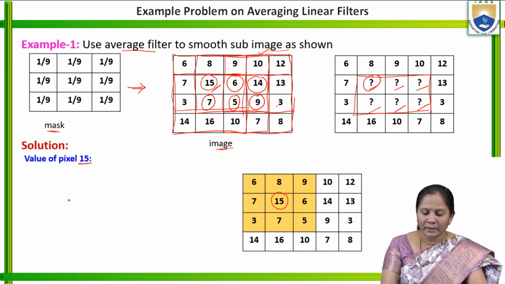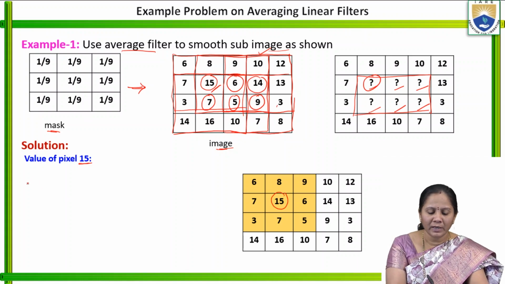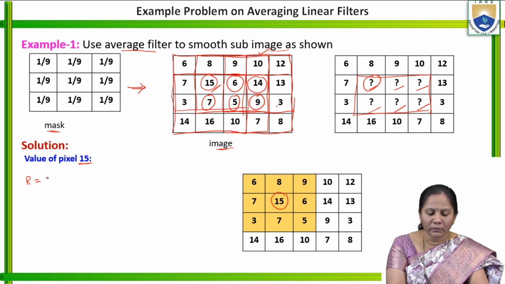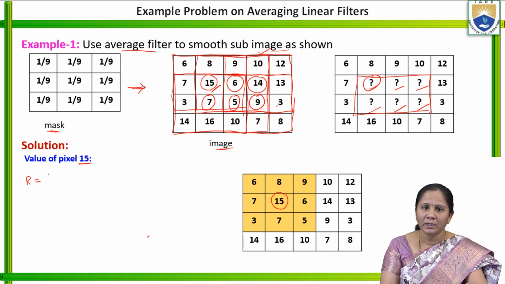So, applying this mask, we can write and calculate the new value of R, that is the new value of 15. How can we find it? Sum of Wi into Zi, where Wi represents the weight of the filter and Zi represents the pixel value of the image.